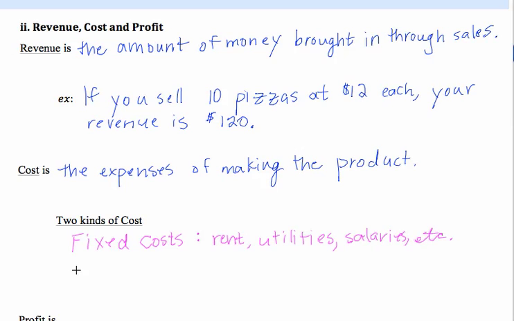The other type of cost is called variable costs, and those are ones that depend on the number of items that you produce. That's the part that depends on how many pizzas you sell, essentially.